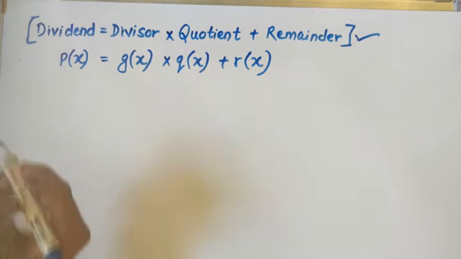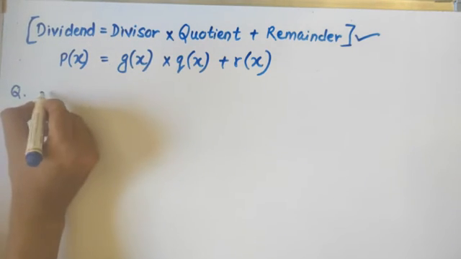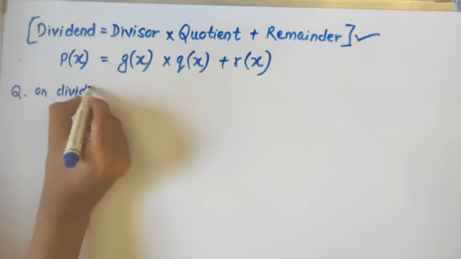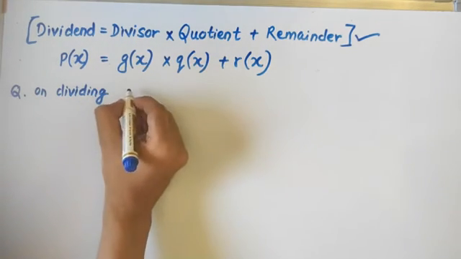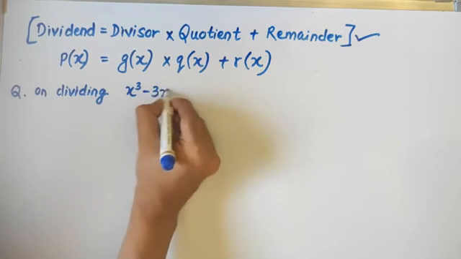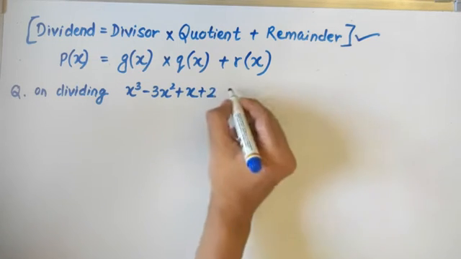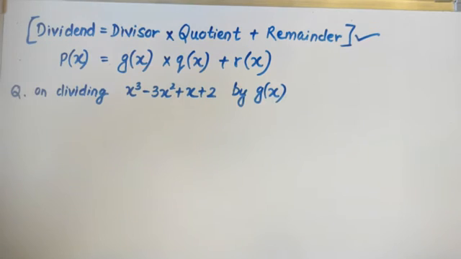So let us see one question on dividing. We have divided x cube minus 3x square plus x plus 2 by g of x.